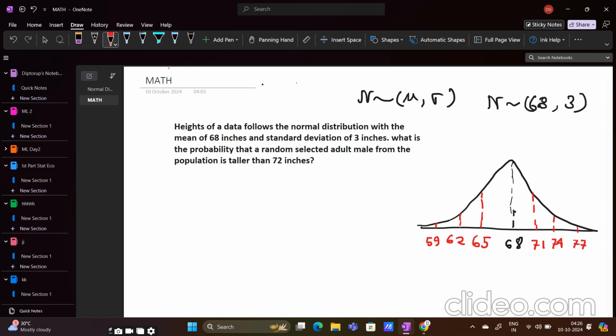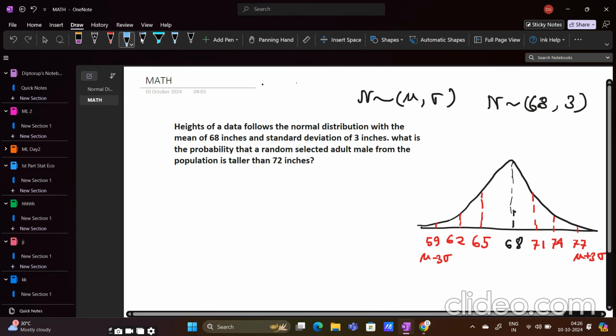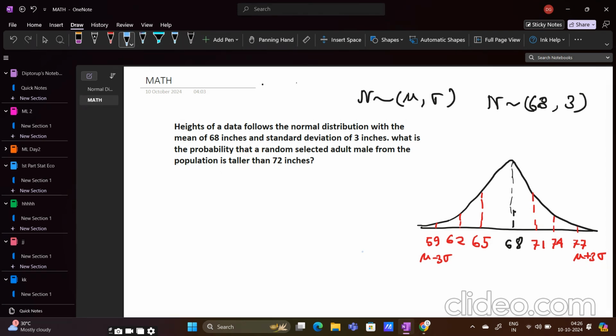In between mu minus 2 sigma, that is 62, and 74, we have almost 95.45% of the data points, and in between 59 and 77, that is mu minus 3 sigma and mu plus 3 sigma, we have almost 99.73% of the data points.